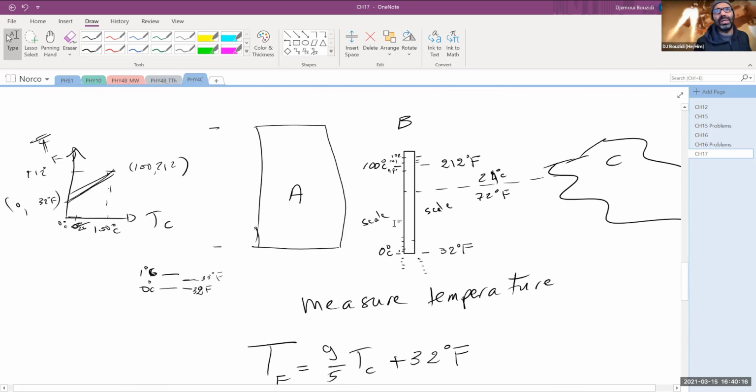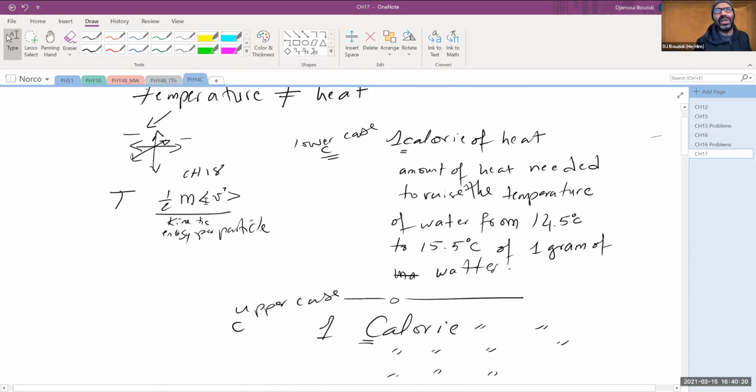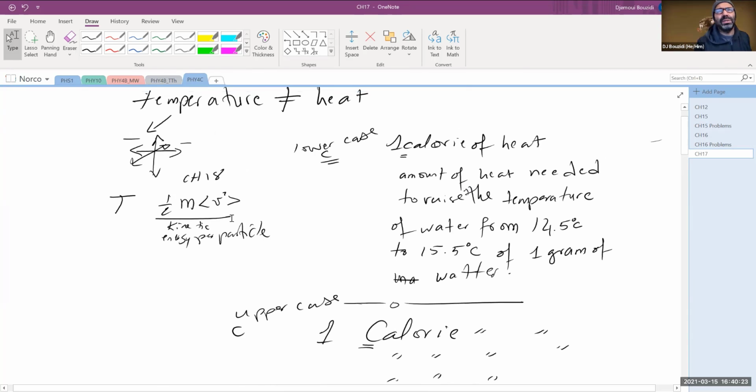Remember my remark earlier concerning temperature, that temperature has to do with the agitation of the molecules. So if the temperature really drops to zero, that means the molecules or whatever makes that object stops completely in its tracks. And there is no such thing.